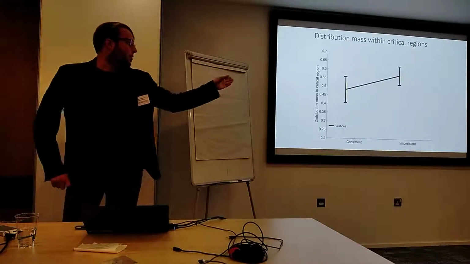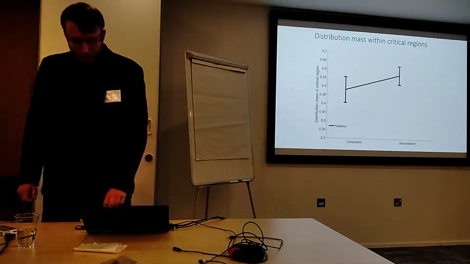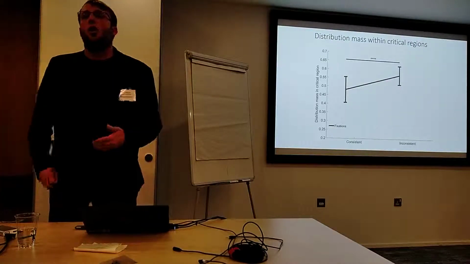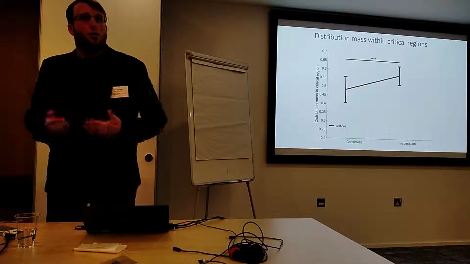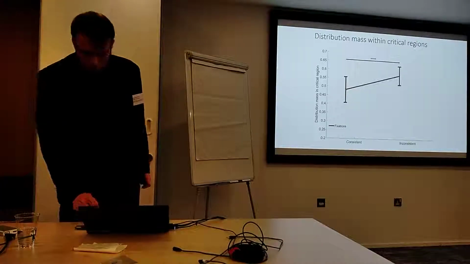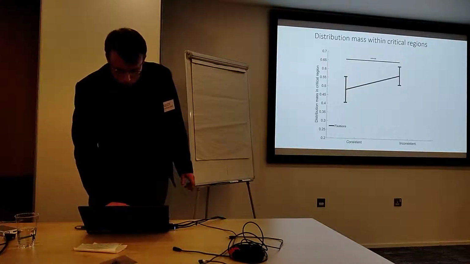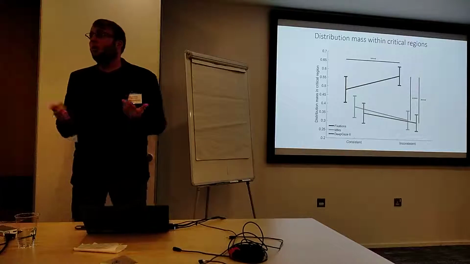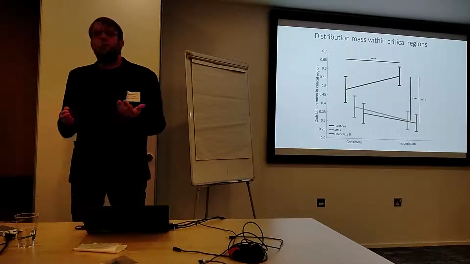On the x-axis we have conditions. Firstly, human data. As expected, people do look significantly more to the regions which are manipulated. So people are sensitive to manipulations of meaning. However, neither meaning maps nor DeepGaze 2 exhibit similar sensitivity.